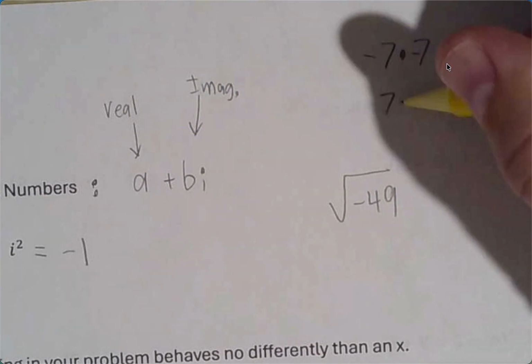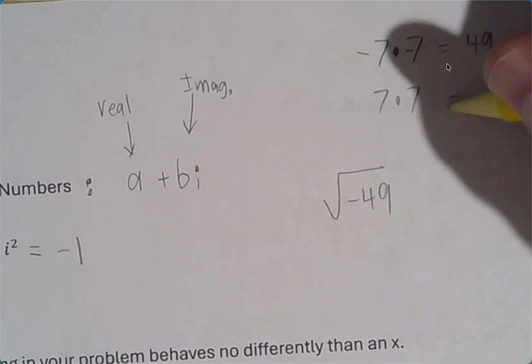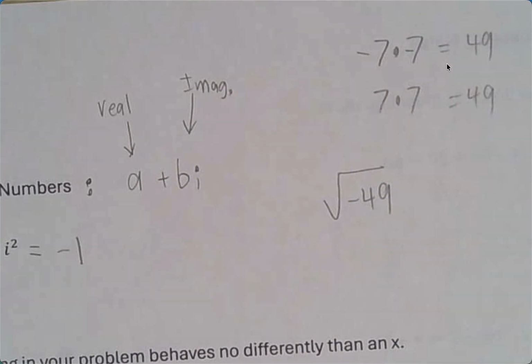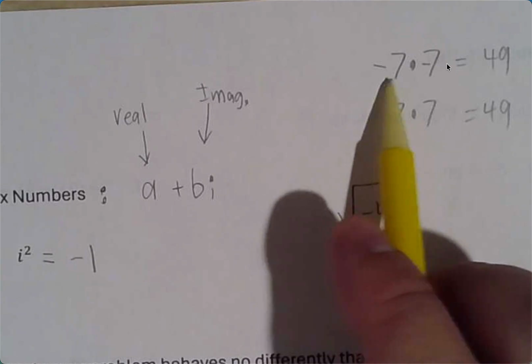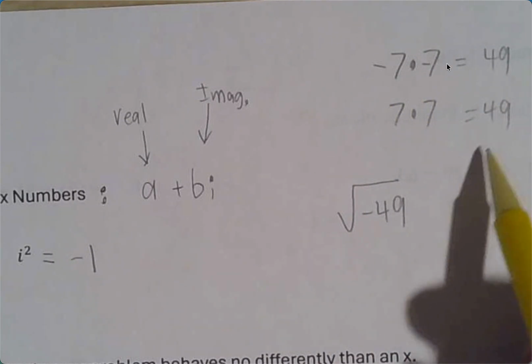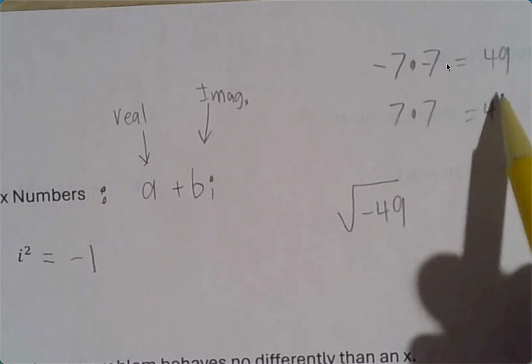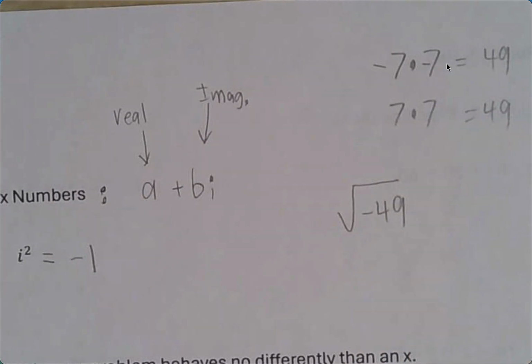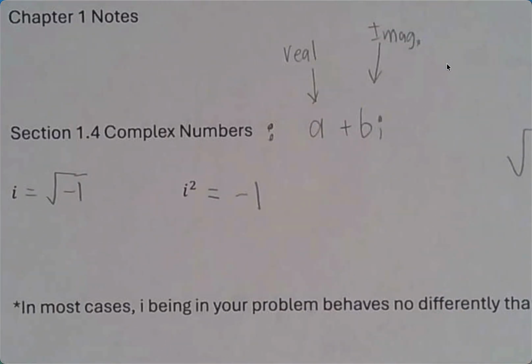If I took +7 times +7, that would be 49. So there are no two real numbers, notice there's no i here, that can give me -49. There's no number I can square that gives me a negative. But look at this. You can square this special number and get a negative out of it.